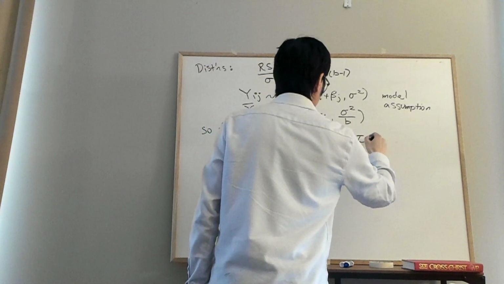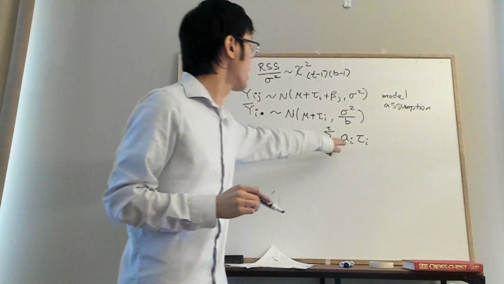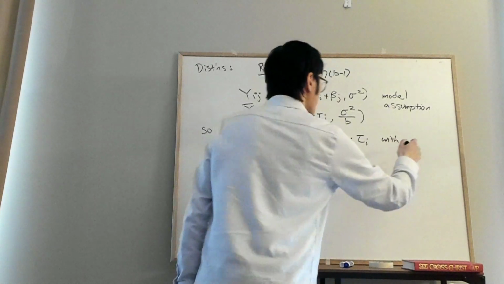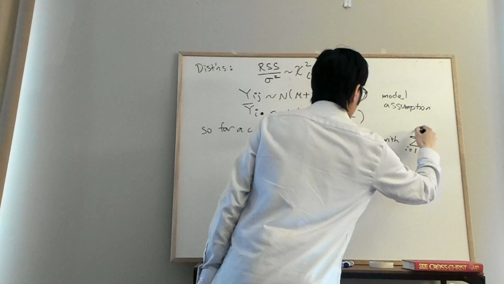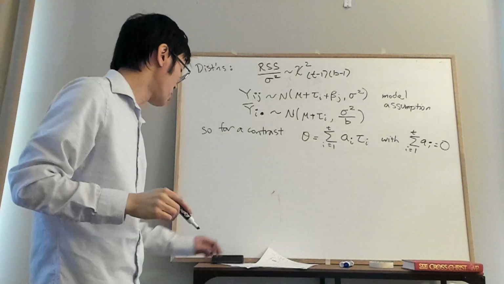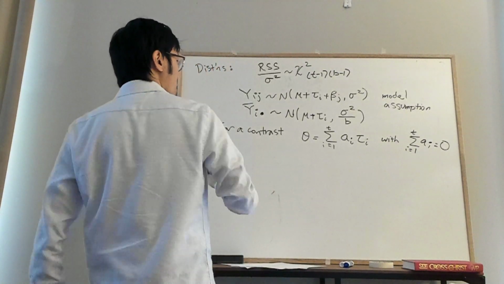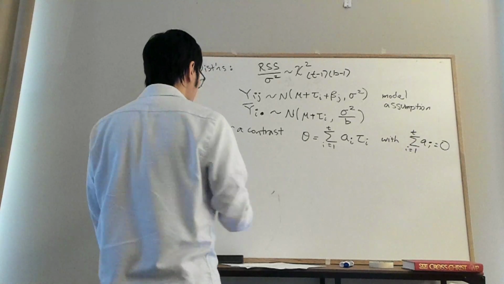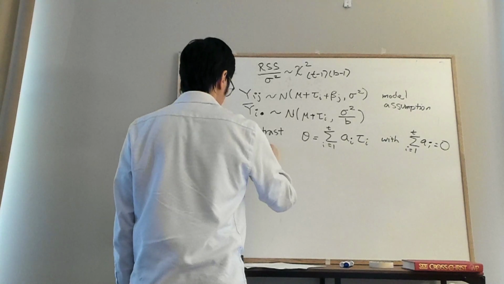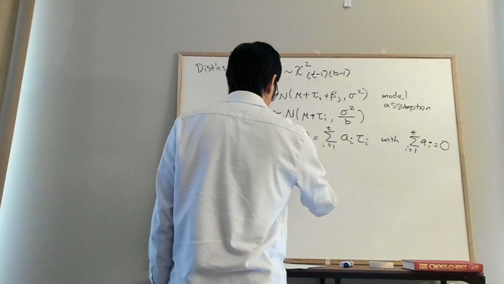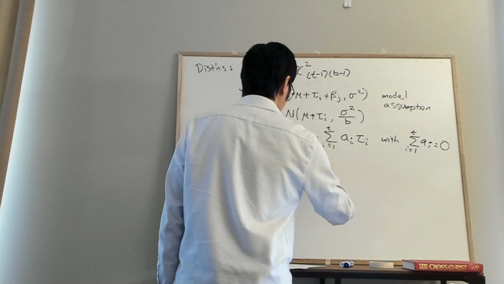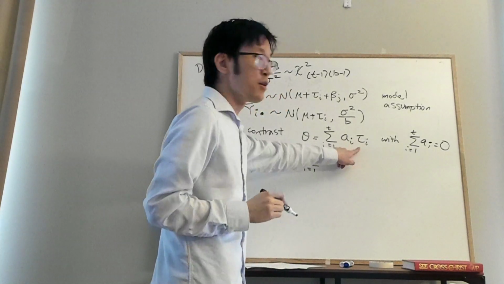So it's a linear combination of treatment effects: a_i times tau_i. We need these contrast constants to sum to 0. For a contrast, we first have to estimate the contrast. We estimate by plugging in tau_i hat.